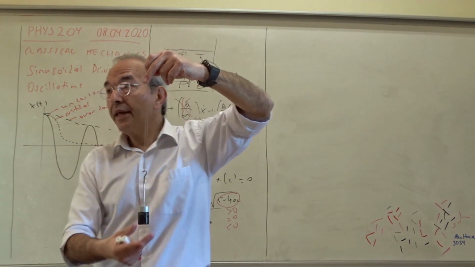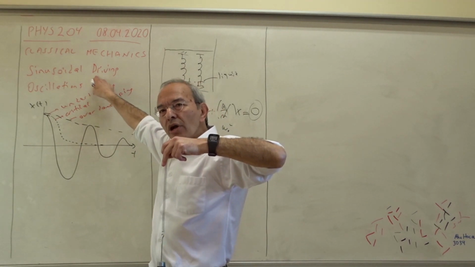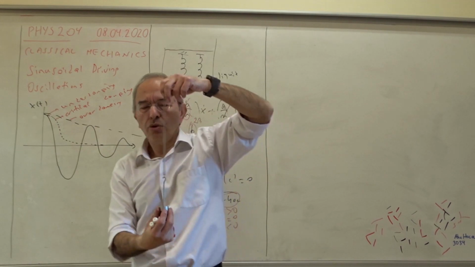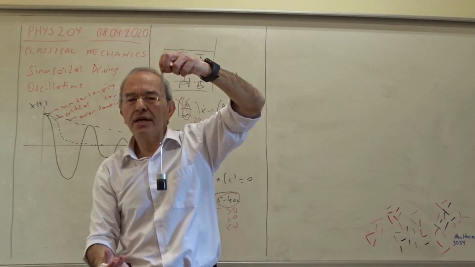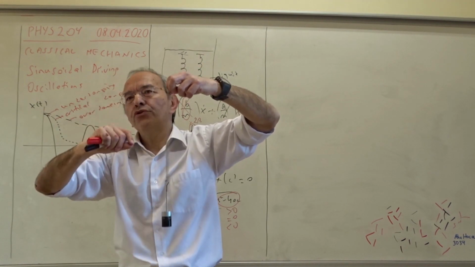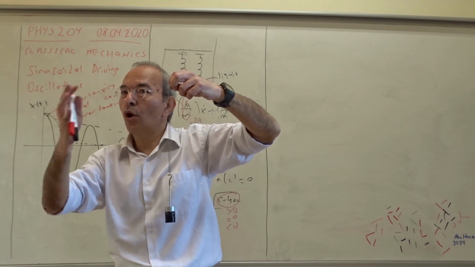On the other hand, now we have a driving force applied to the other end. So on the one hand it makes oscillation, on the other hand I apply a certain sinusoidal force up and down, for example, at a different frequency, omega.